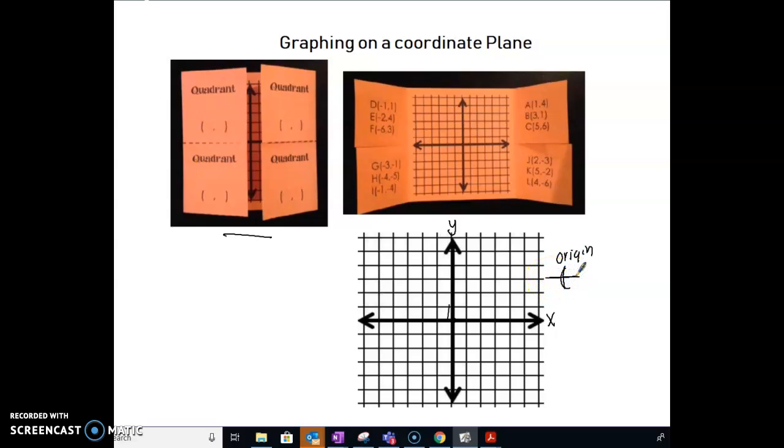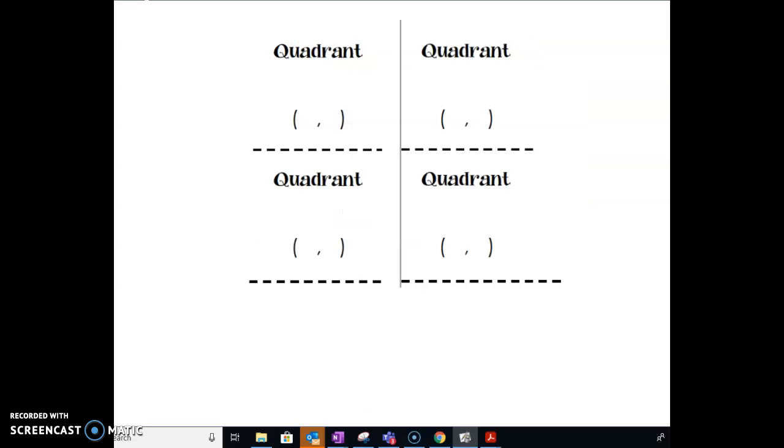So we're going to start the notes on the front of that where it says quadrant. Quadrant might remind you of quadrilateral or a quad. It means four. If you look at a grid or coordinate plane, when you draw the x and the y-axis, you end up with four areas on the grid.